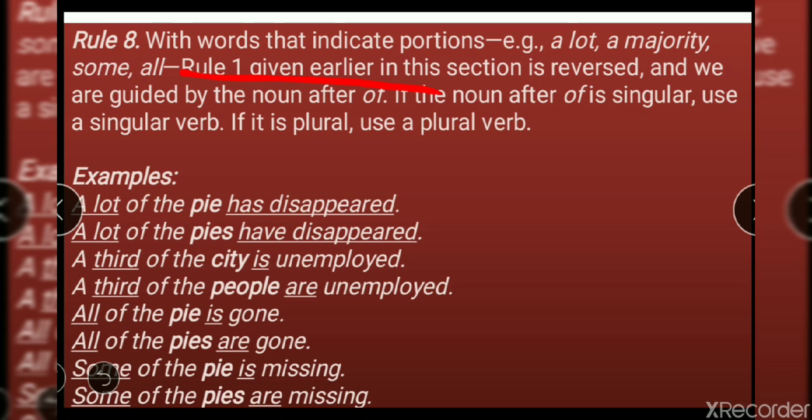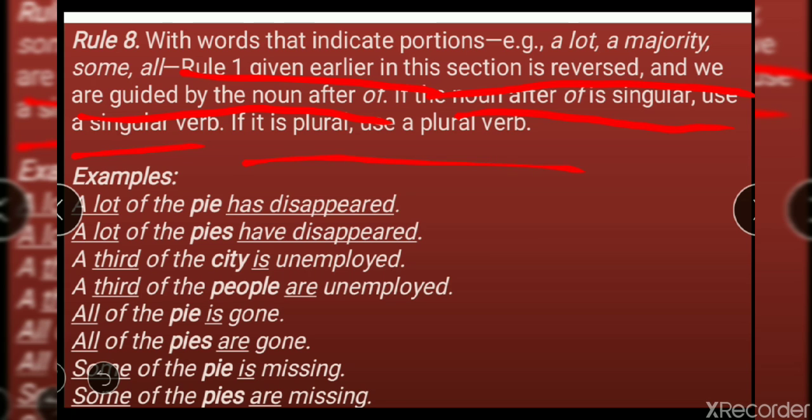That is the only difference. Rule 1 given earlier in this section is reversed, and we are guided by the noun after of. If the noun after of is singular, use a singular verb. If it is plural, use the plural verb.